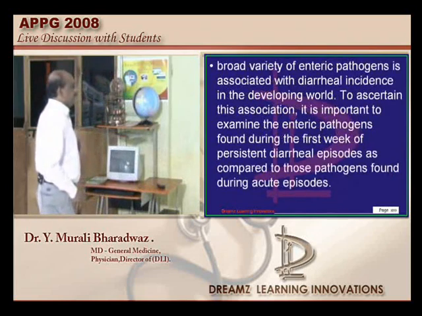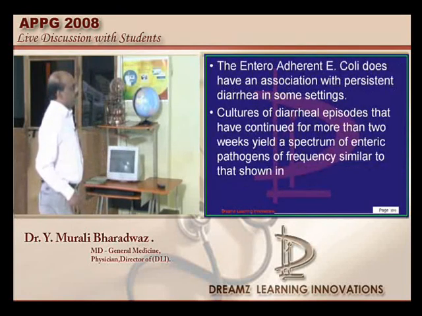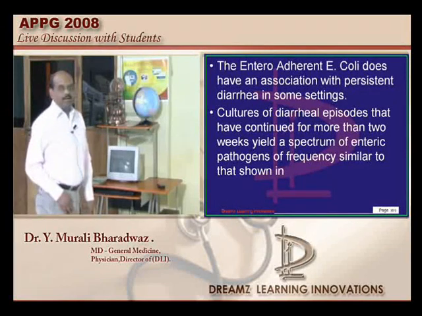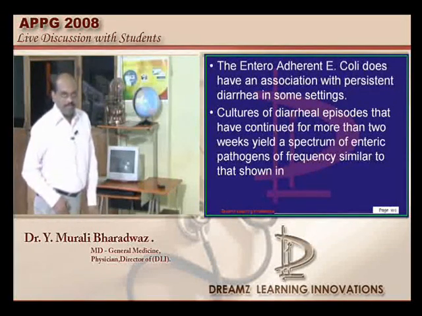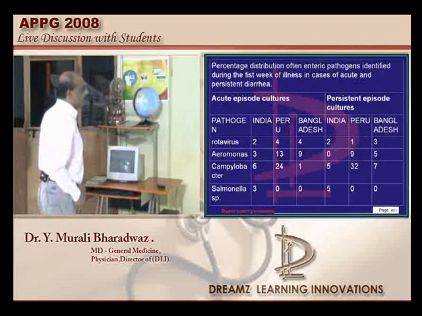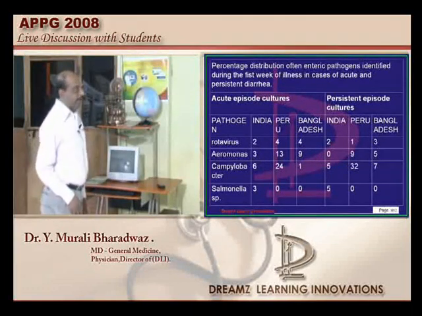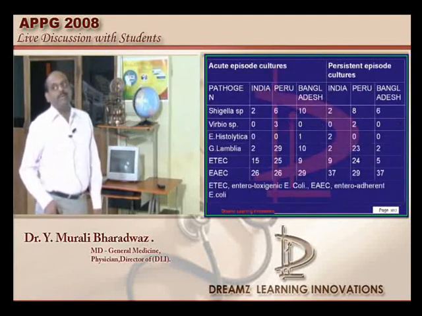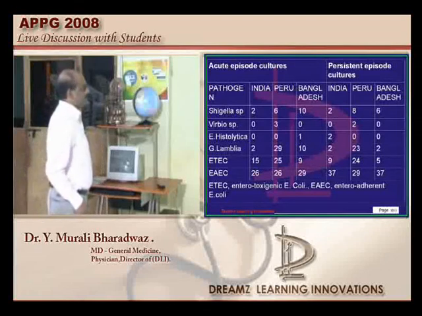They found that enteroaggregative E. coli was the most predominant strain in both persistent episodes and acute episodes. Though respiratory syncytial virus and rotavirus are there, still the most common would be enteroaggregative E. coli, which would become the correct answer.